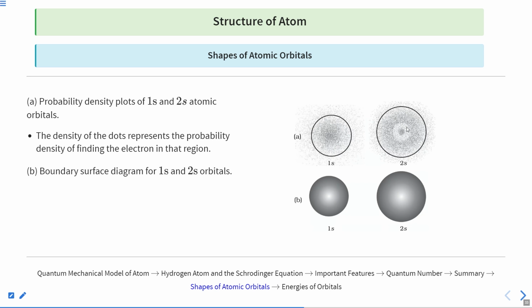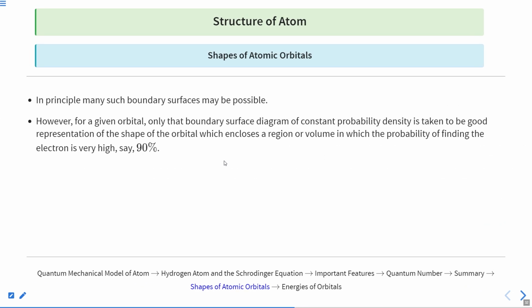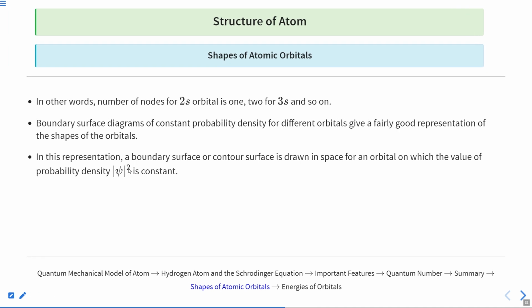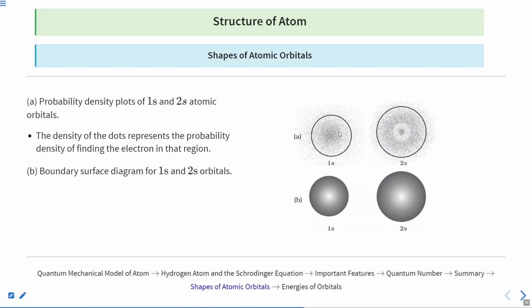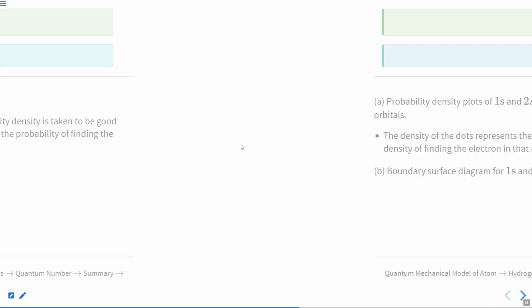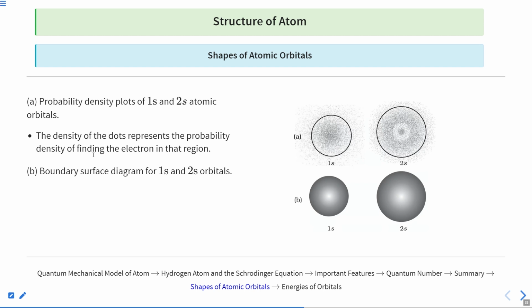But for 2s, you will find in between a ring type structure where the electron density is less. In this place the electron density is less, which means there is a node present here, and this node is called a radial node. This diagram is called a boundary surface diagram, which we get as a function of psi square r. Where the electron density is high, the probability of finding the electron is 90%. Clear?